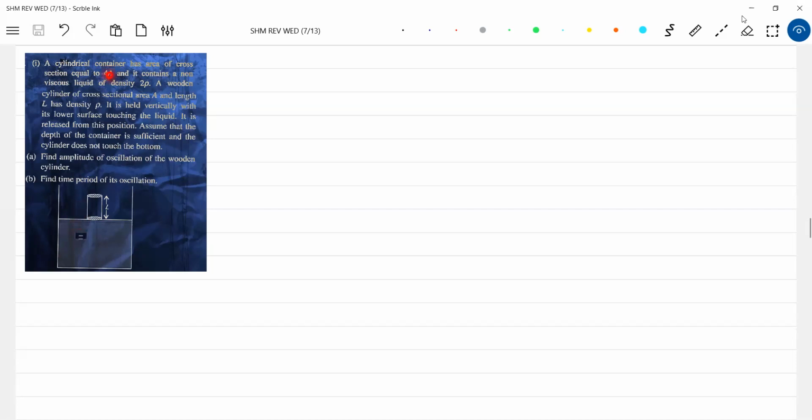If this is very much larger, suppose it is 20A and this is A, then the change in level of liquid you can neglect. So we should consider that also. I'll try to explain through a diagram so that it'll be easy for you.